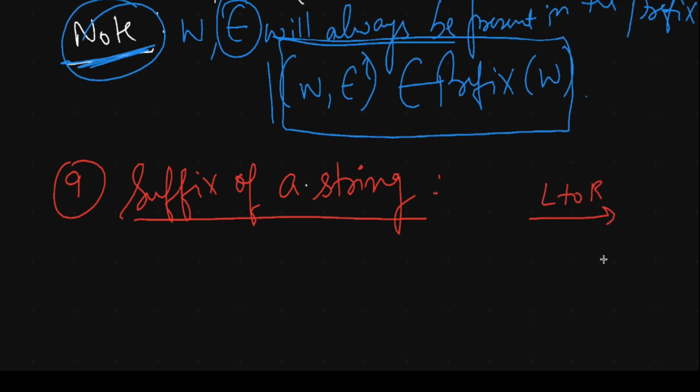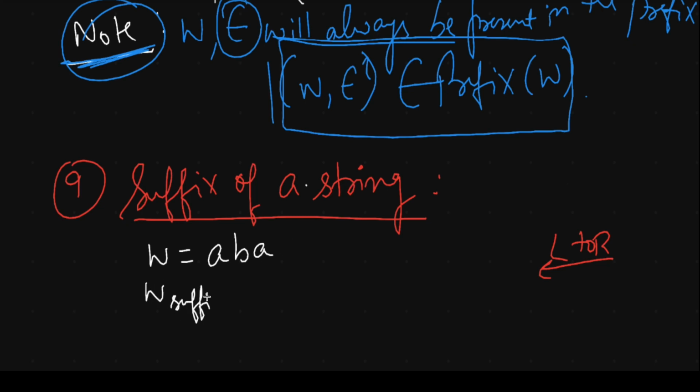In suffix we will have 0 or more symbols from right to left. For example, taking the same string ABA, the suffix of this string would be, what we have to remember is always write epsilon.